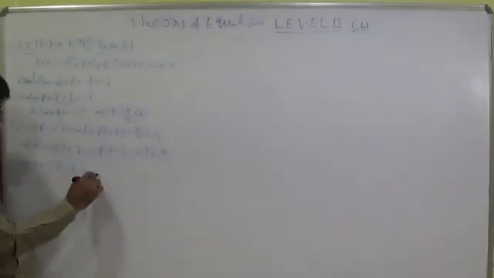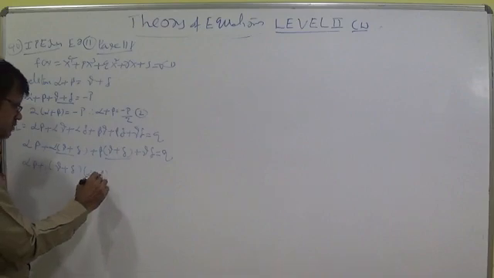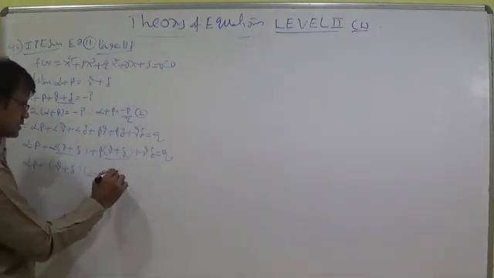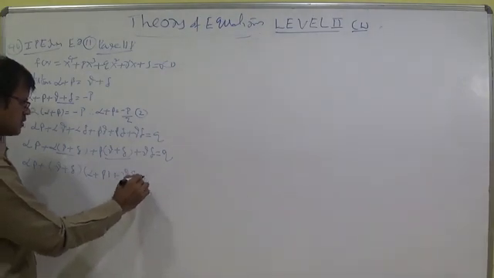It becomes gamma plus delta into alpha plus beta plus gamma delta is equal to Q.